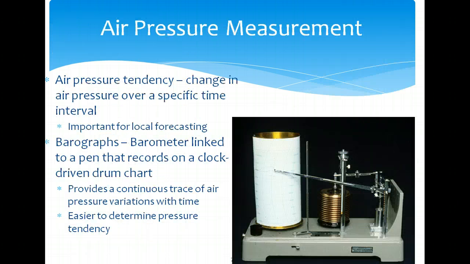Generally, taking air pressure at any single moment in time is really not that important to us. What we want to see is the air pressure tendency, or the change in air pressure over a specific time interval, for instance generally several hours.